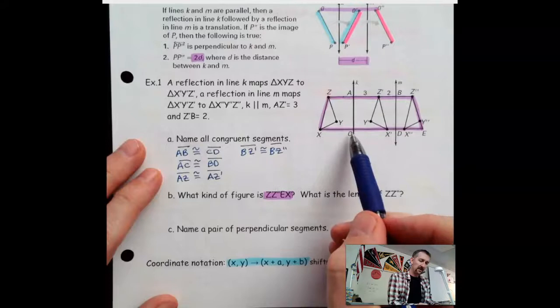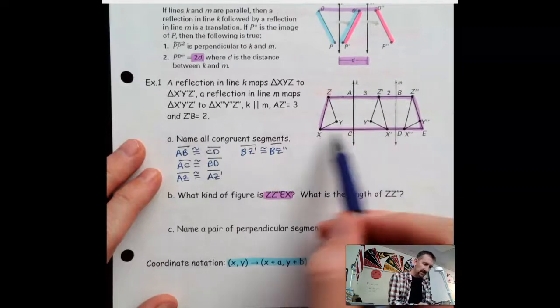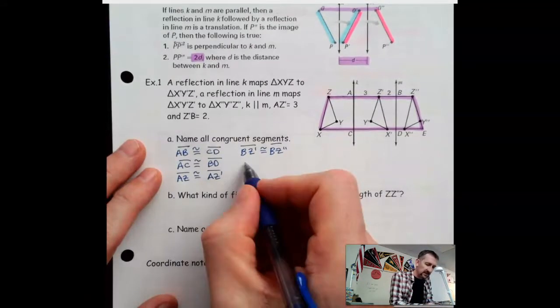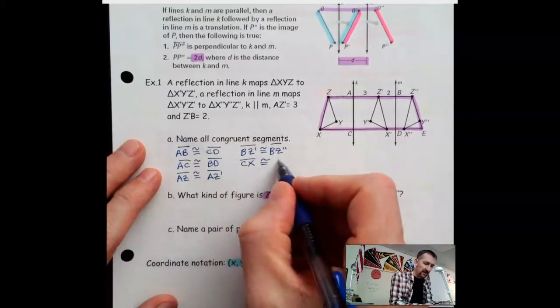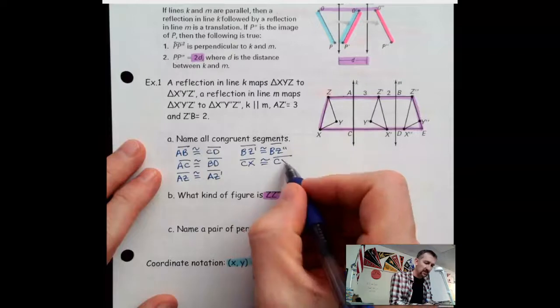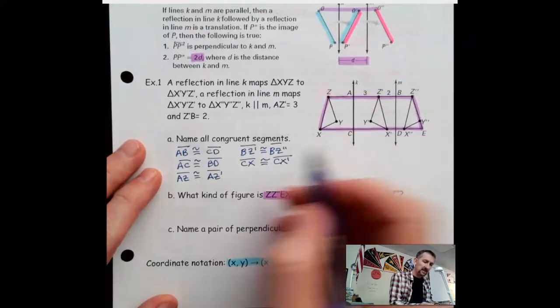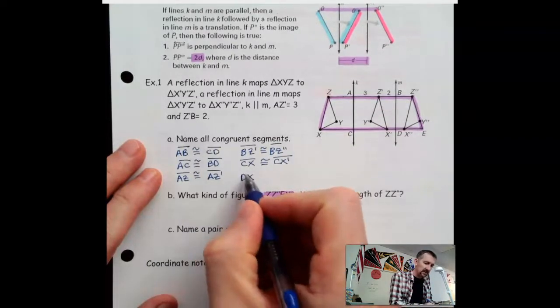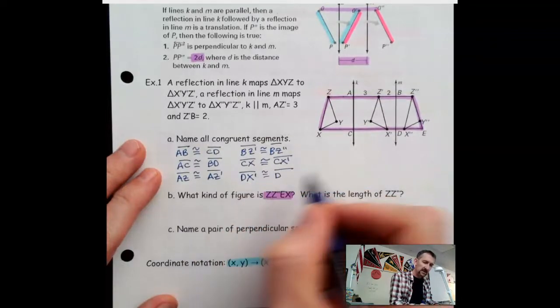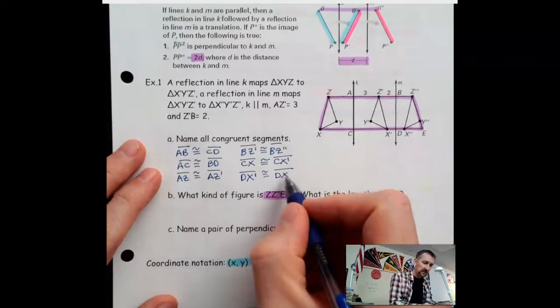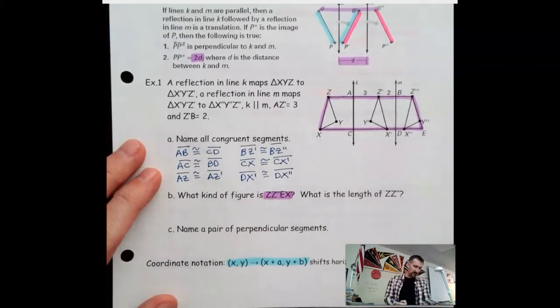And alphabetically the next one would be C. And we're going to get that same thing on both sides here. So CX and segment CX prime. And then D, segment DX prime and segment DX double prime. Okay, so we're doing all right so far.